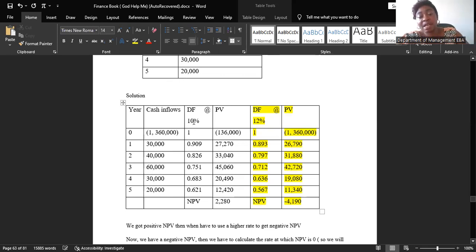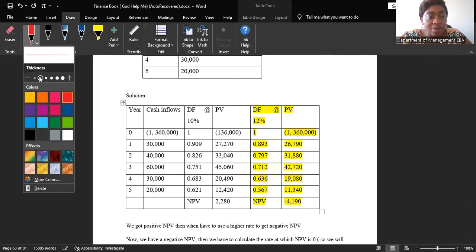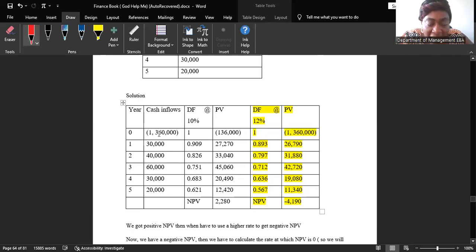10% rate of return, right? So that's what I chose when I was doing the trial. If I chose that, then it means my discounting factor is going to be... so let's not, we are just concentrating on this rate for now. So these are the cash flows.